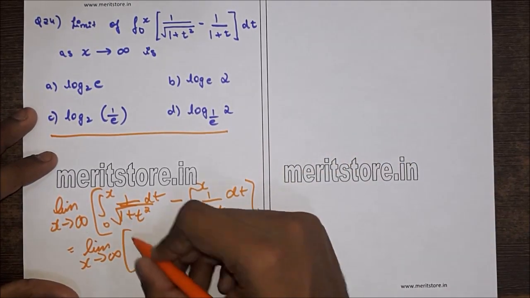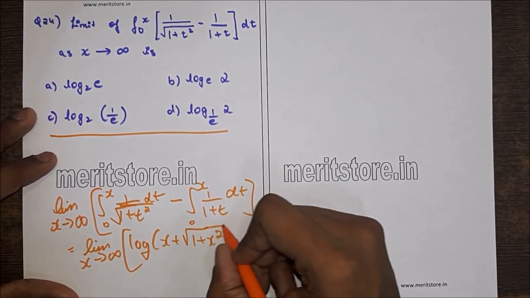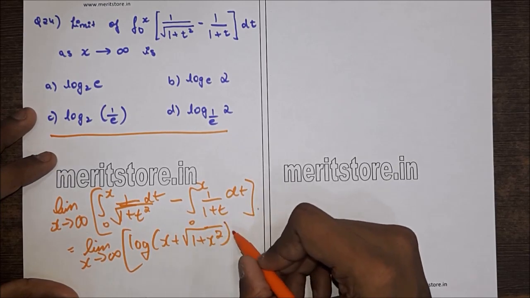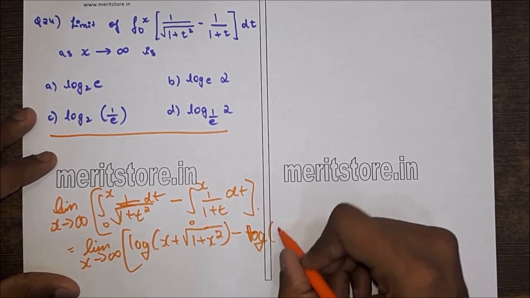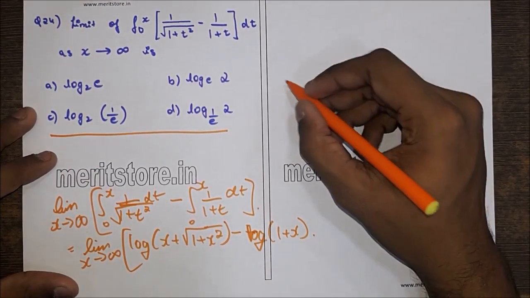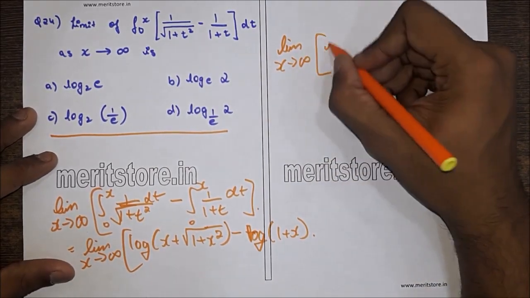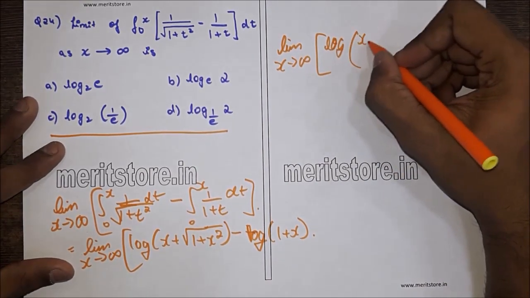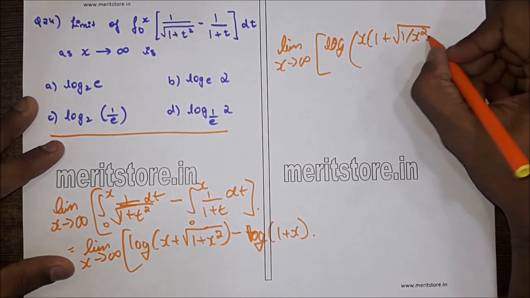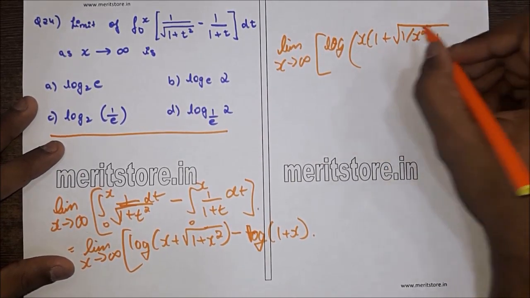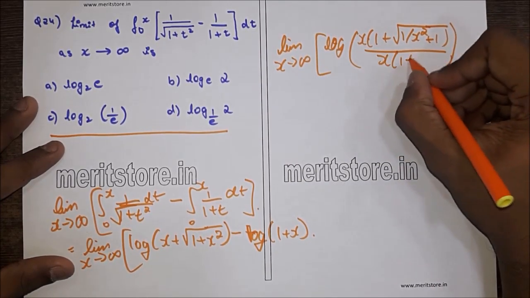Which is limit of x tends to infinity of log (x + root of (1 + x²)) minus log (1 + x). This gives us limit of x tends to infinity of log of x(1 + root of (1/x² + 1)) upon x(1 + 1/x).